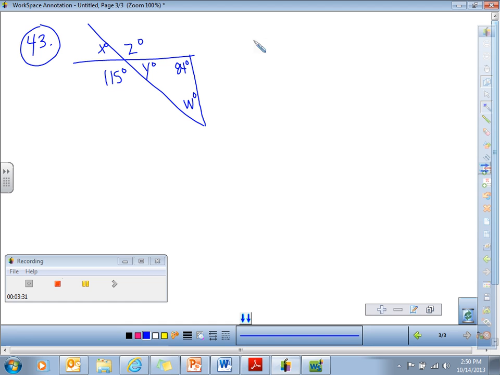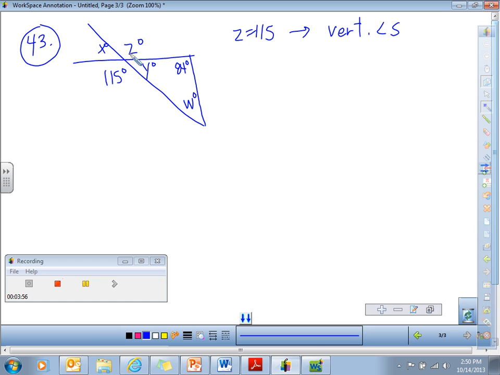What do you see first? Okay, Allie? They are vertical angles. So Z is equal to 115 because they are vertical angles. Good? Okay, what's next?